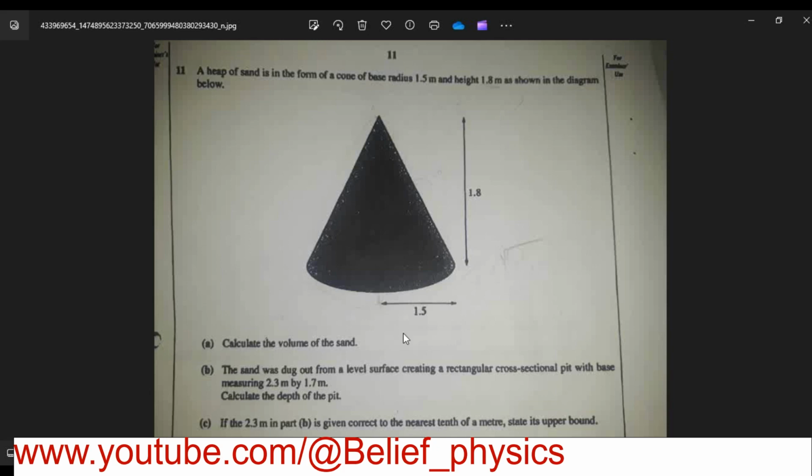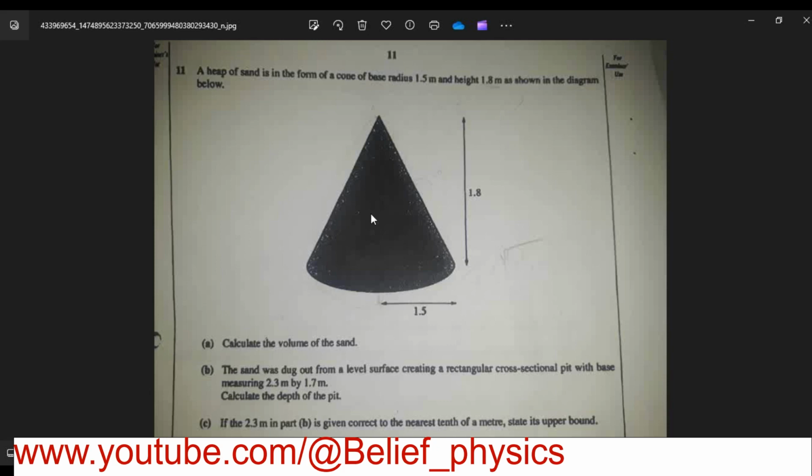Part B is, sand was dug out from a level surface creating a rectangular cross section pit with base measuring 2.3 meter by 1.7 meter. This is a cuboid, and we have to find the height. Now the volume of this cone should be equal to volume of this pit.